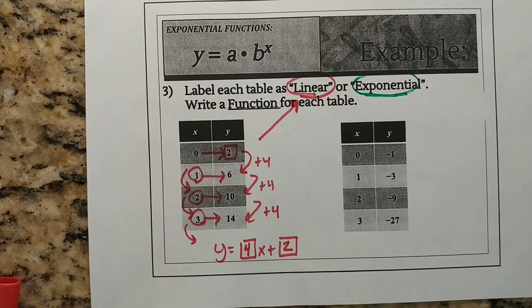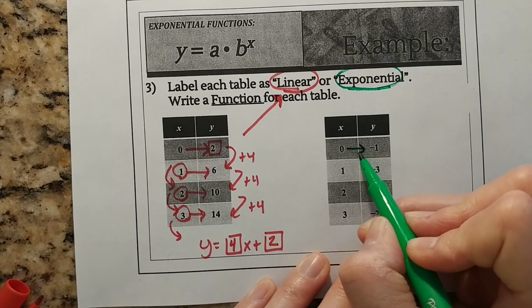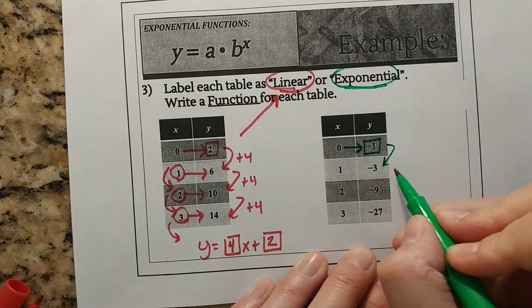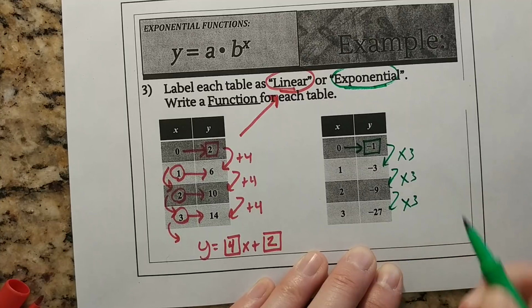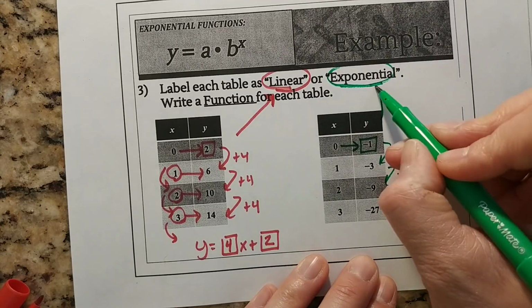That's linear. Looking at this table, I can see that my y-intercept is at negative 1. Now, if I take a look at the pattern, it is times 3, times 3, times 3. It's a constant multiplication pattern, which means it's exponential.